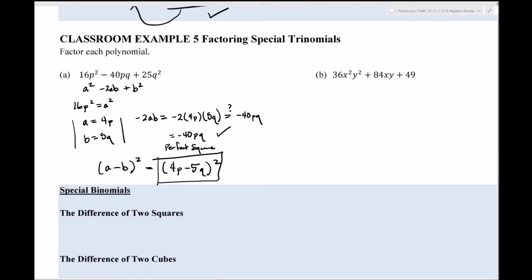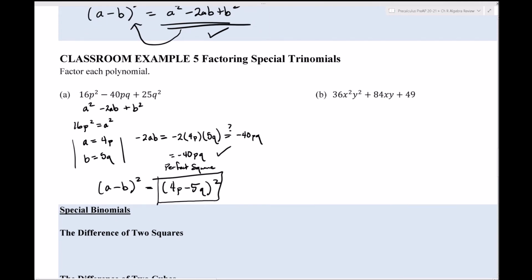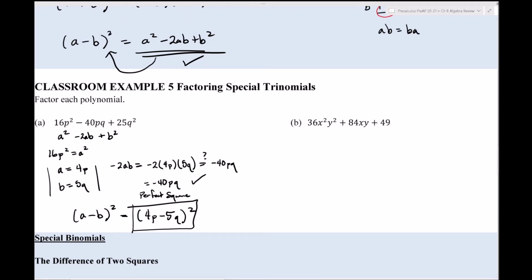And of course, I'll have some more videos on how to do more of these. There's a part B, which I'll definitely do. So again, if it's factorable, it should follow that exact same pattern. A minus b quantity squared. A squared minus 2ab plus b squared. So this is a squared. This one's b squared.